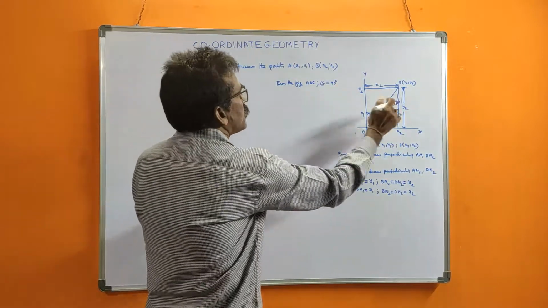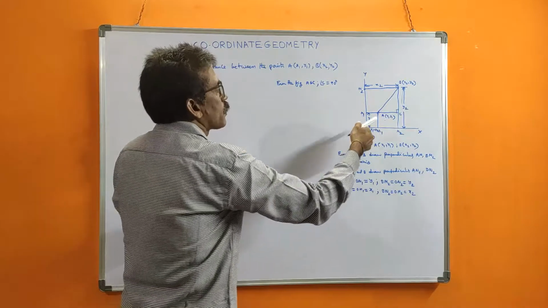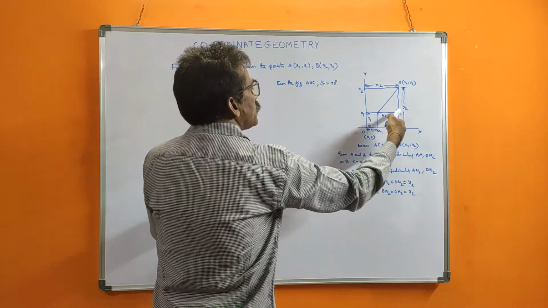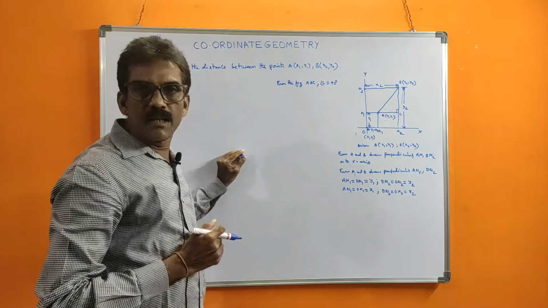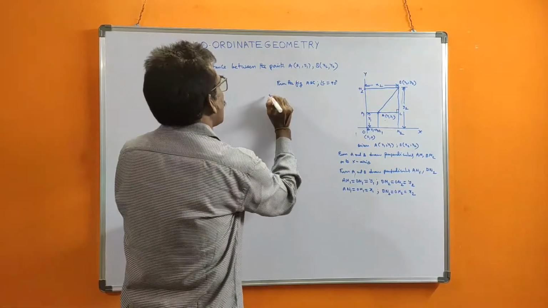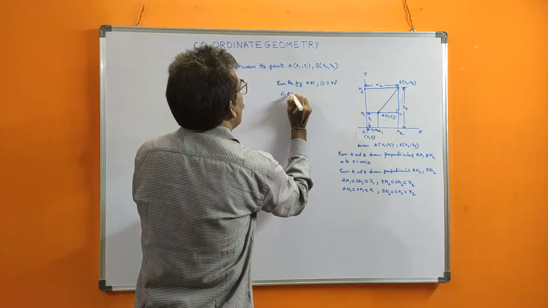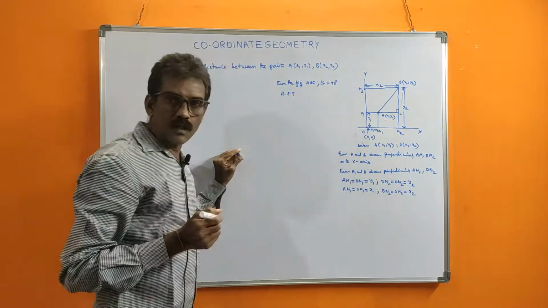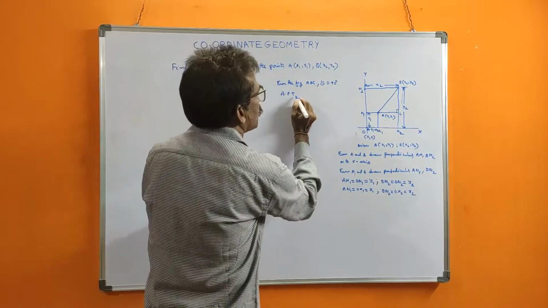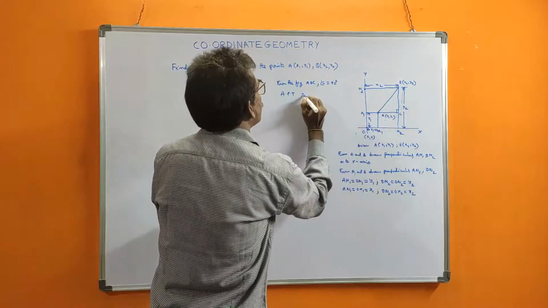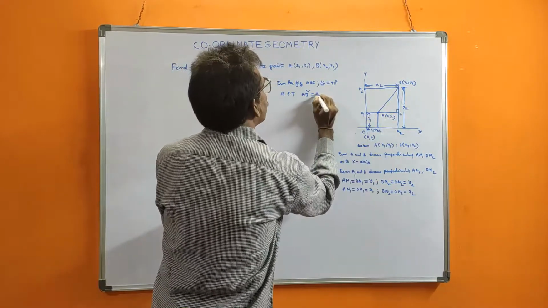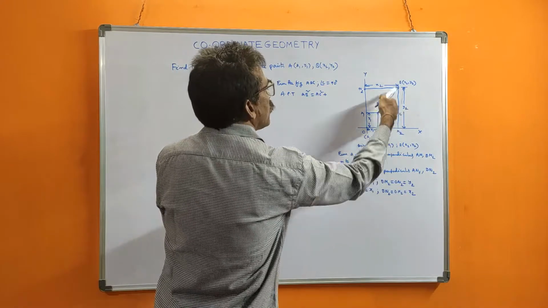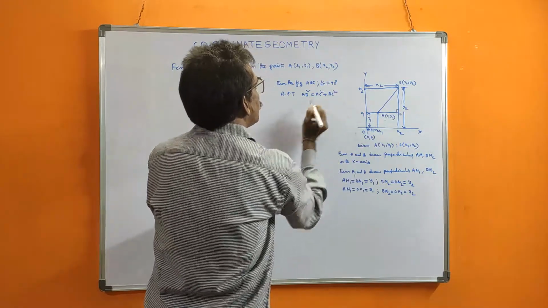So in this triangle ABC, already this is 90 degrees, which means it is a right angle triangle. In a right angle triangle we can apply the Pythagoras theorem. According to Pythagoras theorem, hypotenuse AB square is equal to AC square plus BC square.